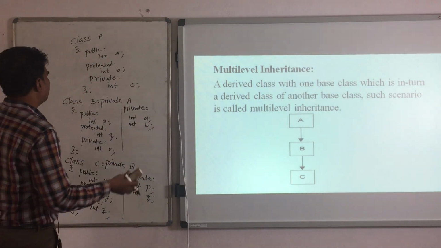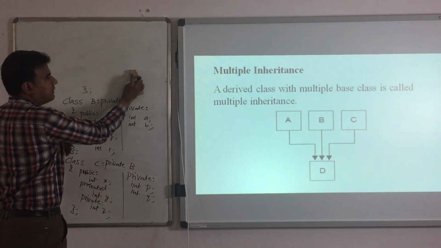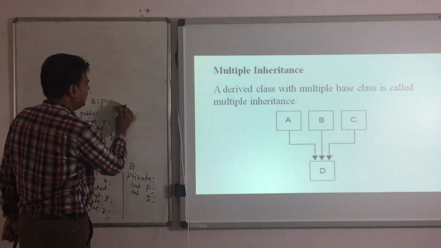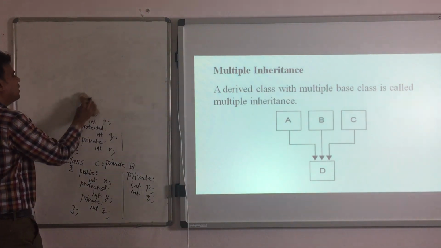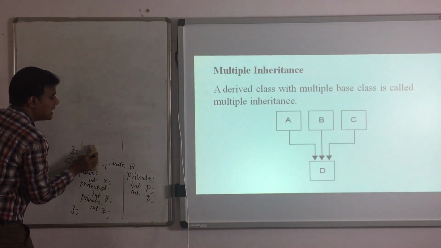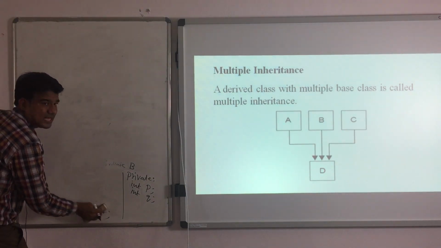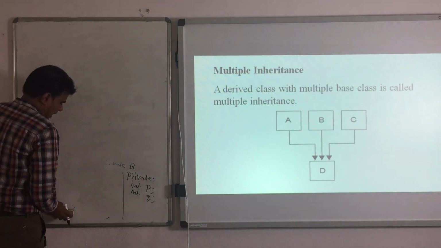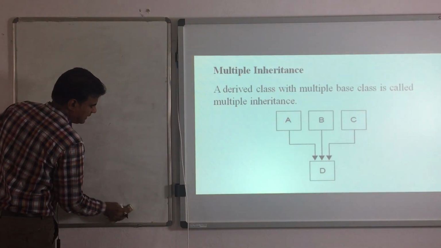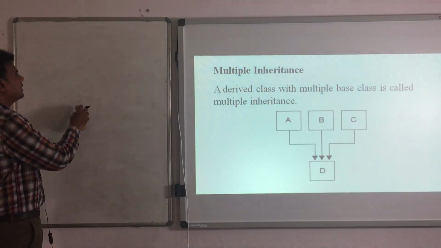It is very simple. Yeah, ma'am, please can you just change this slide? Yeah, multiple inheritance. What are we doing in multiple inheritance? We are deriving a single class from more than one class. Again, when you are doing so, you have to remember the mode of inheritance as well as how the access modifiers of the derived members will change from base class to derived class.